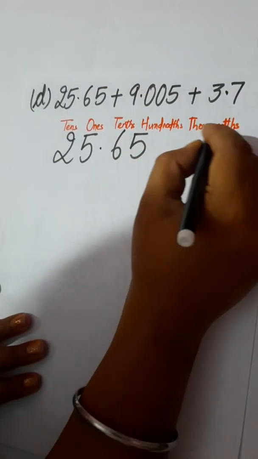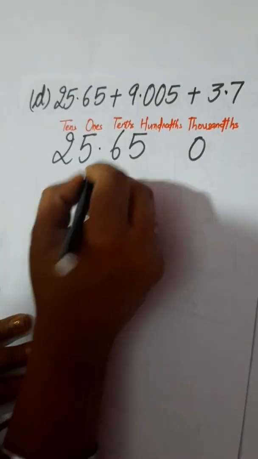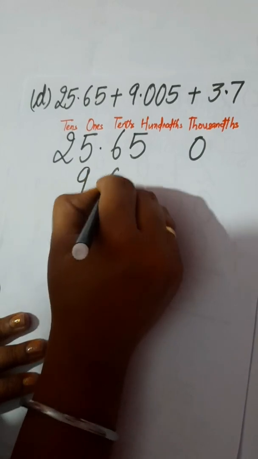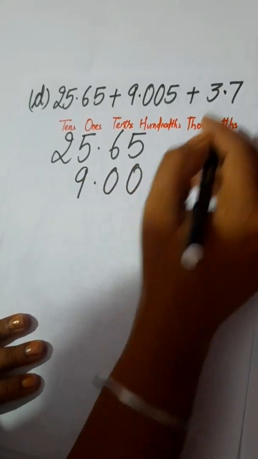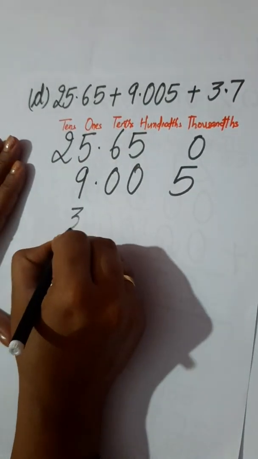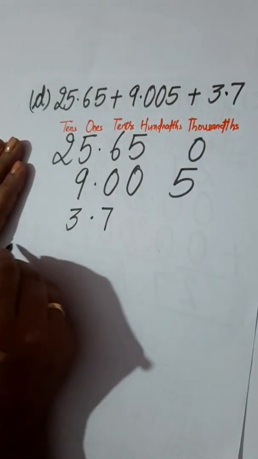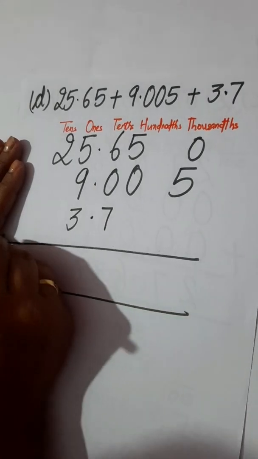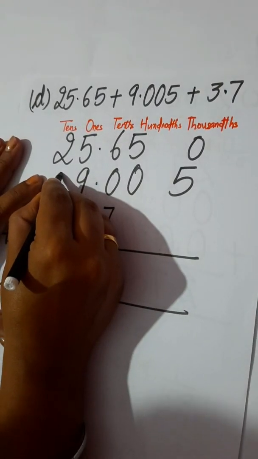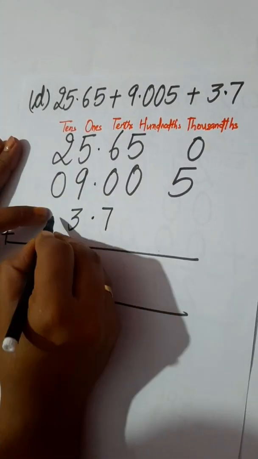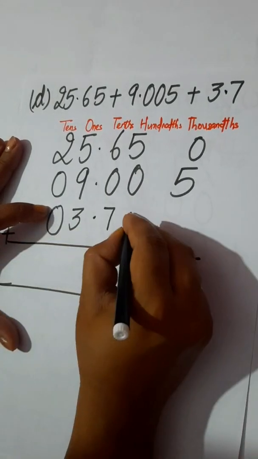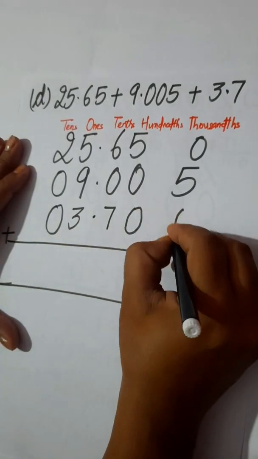So below thousandths I will write 0. Now next we have 9.005. Then we have 3.7, because 3 is at the ones place and 7 is at the tenths place. Now you have to add. In this, below tens write 0. Again, if you don't have any number here, you have to put 0.